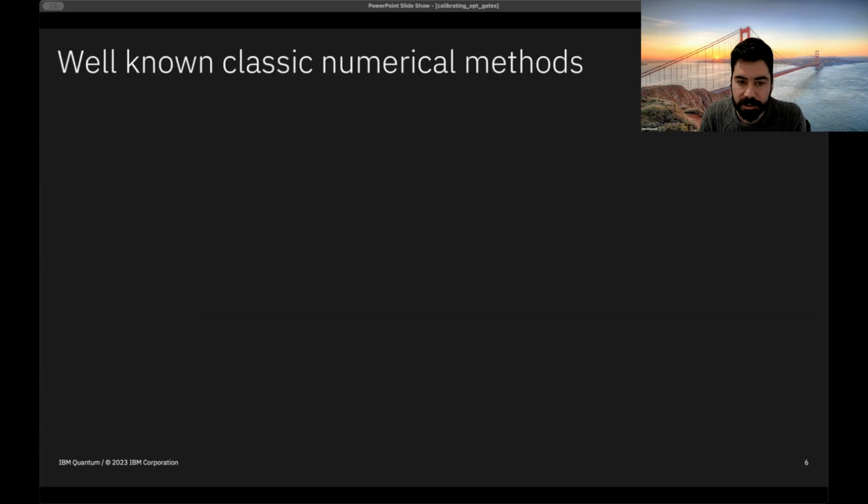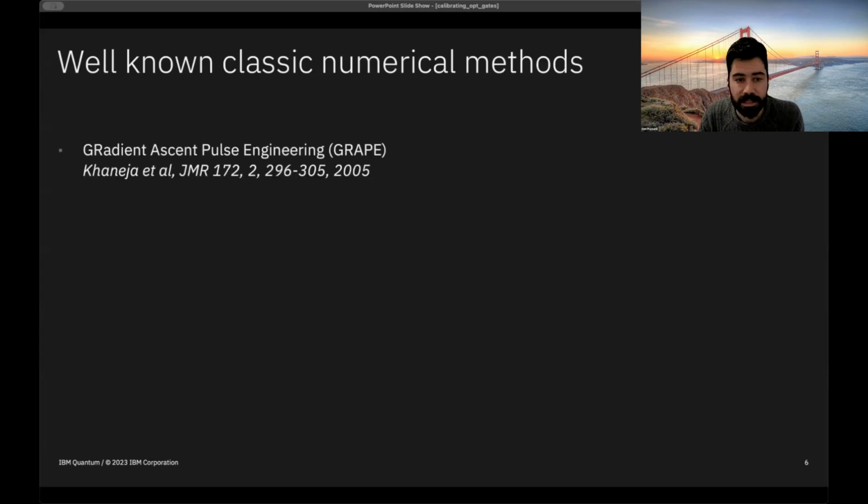So I wanted to talk about some well-known things. These are the things that you would probably find if you Googled quantum optimal control. The first is the most classic paper on this topic, and it introduces this algorithm, gradient ascent pulse engineering, which for short people call GRAPE.